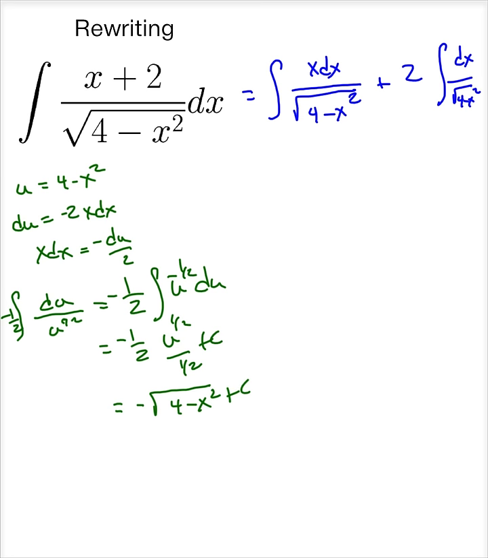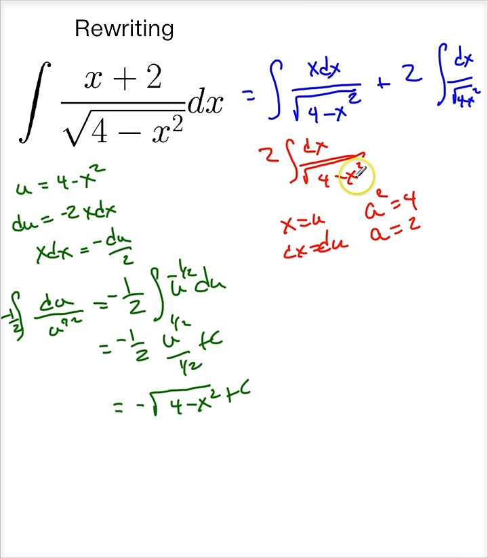I'm going to come over here and do the second integral in red. Let me rewrite it because that's not very neat. Dx divided by the square root of 4 minus x squared. I'm going to let x equal u, so dx is du. And then I'm going to let a squared equal 4, so a is 2.